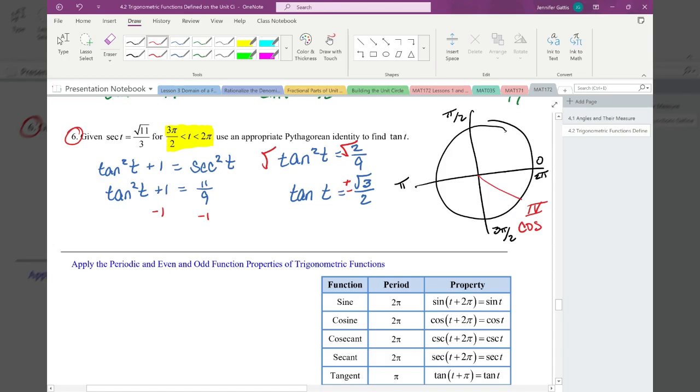And we need to determine which one it is. Well, if cosine is the only positive function in the fourth quadrant, this means that ultimately our answer to the tangent of t must be negative root 3 over 2.